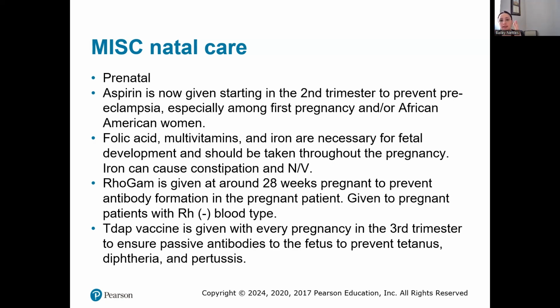If the baby is positive and the mom is negative, and this only happens when the pregnant patient is Rh negative, so A negative, B negative, AB negative, O negative, any of the negatives. If the baby is positive, the maternal body will create these antibodies to, just like when you give the wrong blood type to a person, it can kill them.